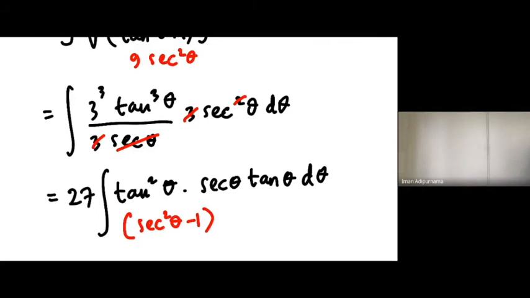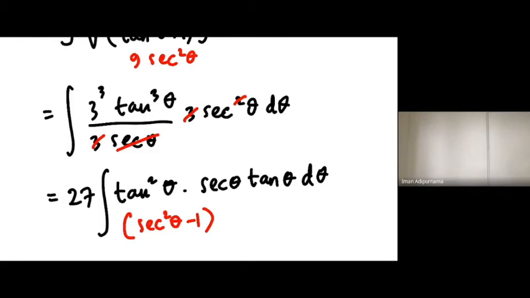Okay. So after we substitute x with the tangent, the lower part becomes 9 secant squared, and then the square root becomes 3 secant theta, and we can cancel this with the other part, and our form becomes tangent cubed and secant theta.